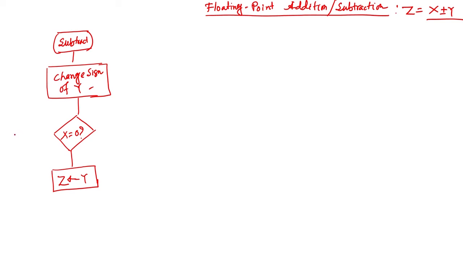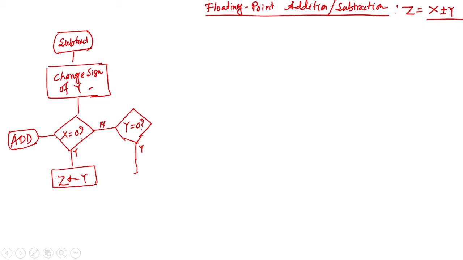Now, if we want to add, we ask whether x is 0. If it is no, then whether y is 0. If it is yes, y is 0, then the answer is x.